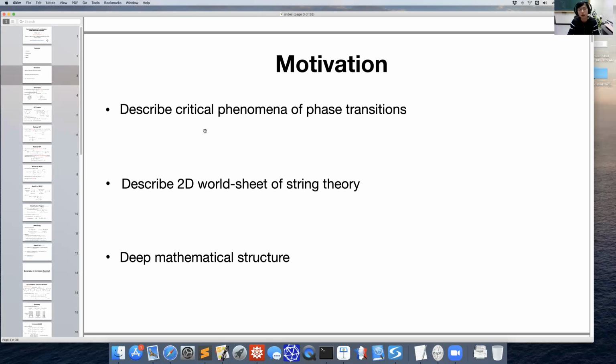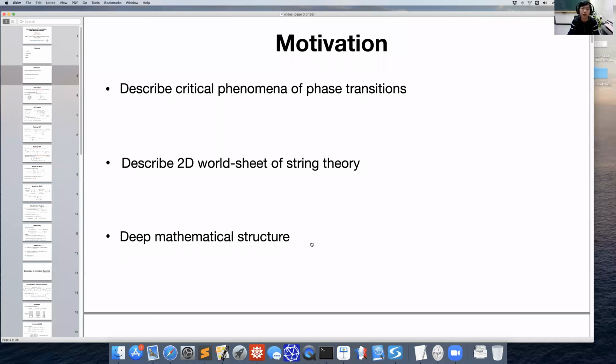So it's necessary to understand rational CFTs in order to describe those phase transitions. Moreover, for string theories, 2D CFT naturally describes the 2D worldsheet of string theory. So it's like the basic tool for string theorists. And last but not least, 2D CFTs have very deep mathematical structures, which leads to many fruitful interplays between mathematics and physics. Okay, so that's the motivation part.